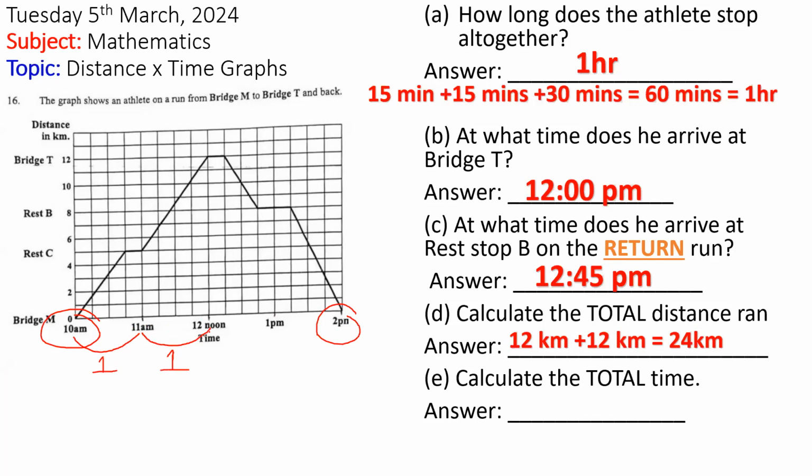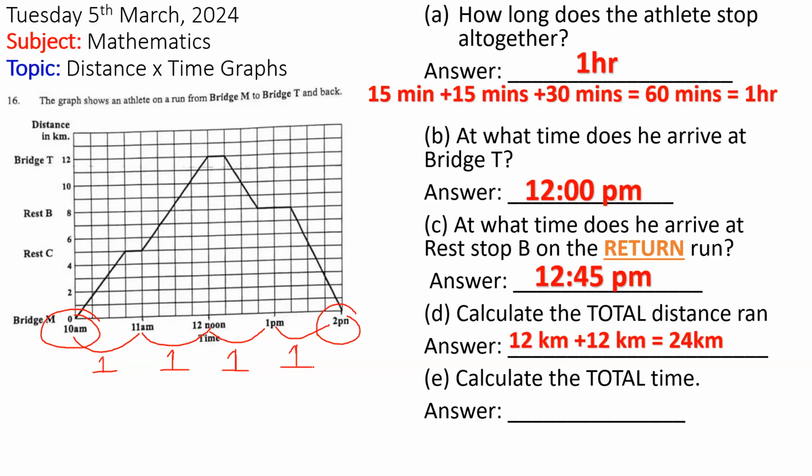And then 12 noon to 1 p.m. is 1 hour. And then 1 p.m. to 2 p.m. is 1 hour. So altogether, how long was the time? 4 hours.